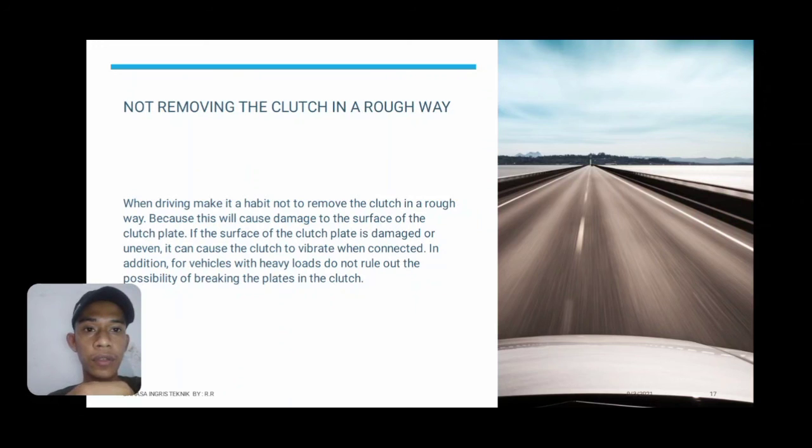If the surface of the clutch plate is damaged or uneven, it can cause the clutch to vibrate when connected. In addition, for vehicles with heavy load, do not rule out the possibility of breaking the plates in the clutch.